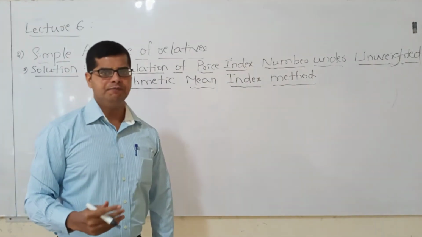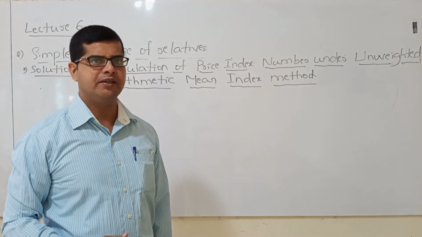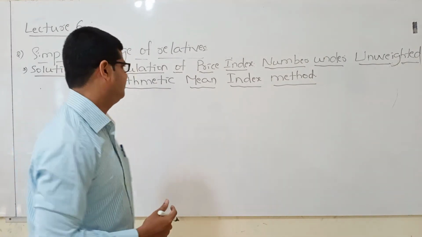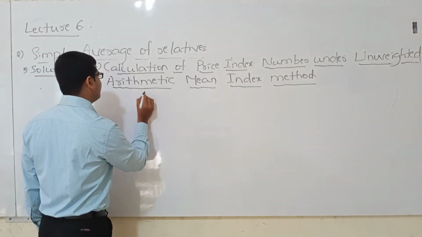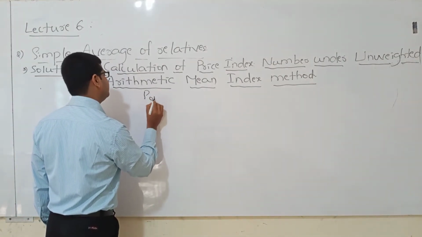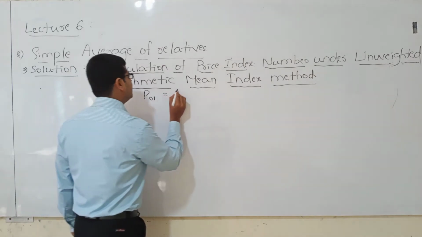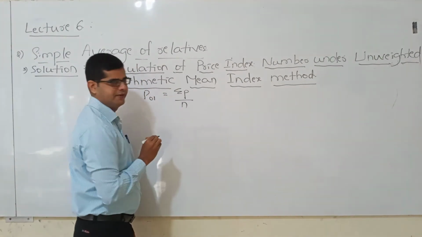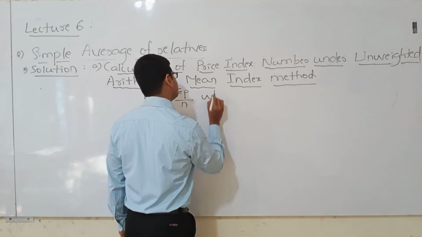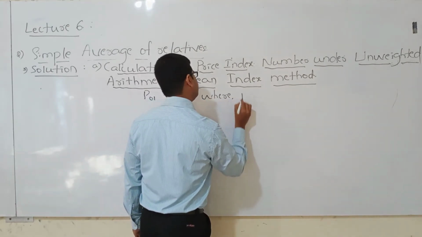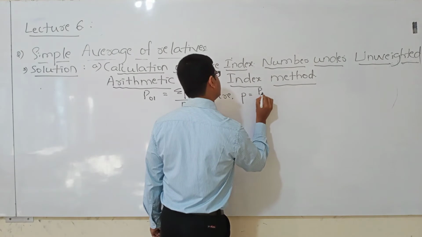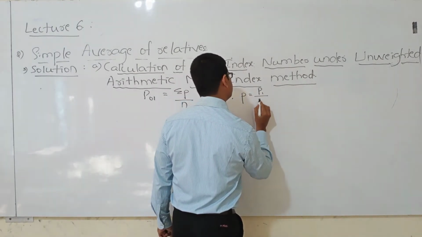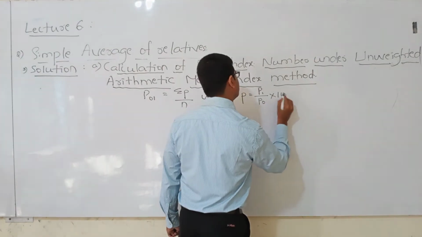So why this method? It is directly given in the question, method A. So here directly we take the formula. P01 is equal to summation P divided by N, where P is equal to P1 divided by P0 into 100.